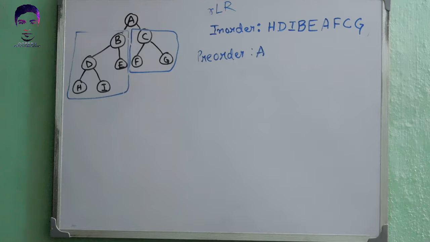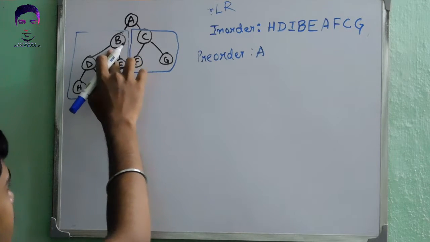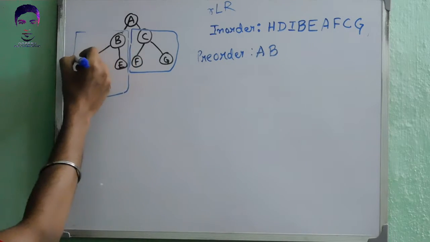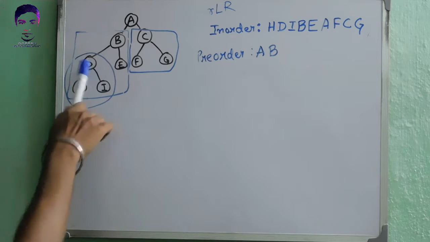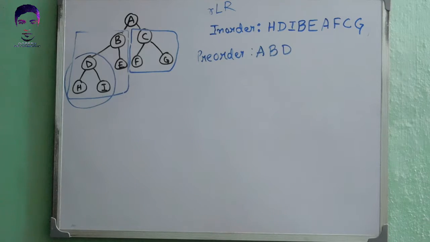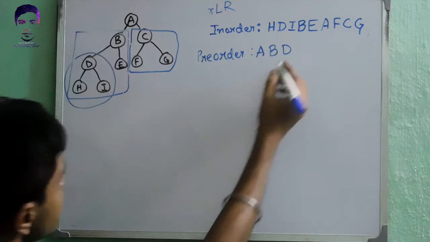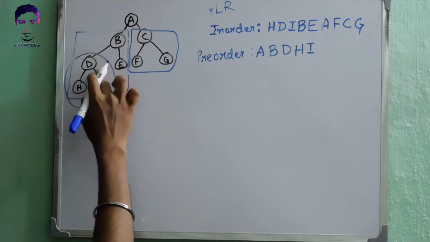For this part, B is the root, so B comes next, and then comes the left subtree. For the left subtree again, D is the root, so D will come first, and then according to the rule, left and right, so H and I respectively. So this one is completed.